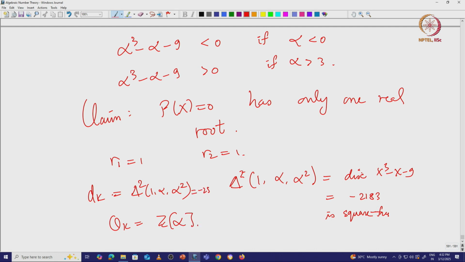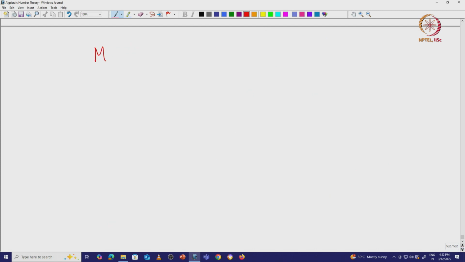So, this is minus 2183. And if you compute what the Minkowski bound is, then this turns out to be 3 factorial by 3 to the 3 into 4 by pi into square root of 2183.